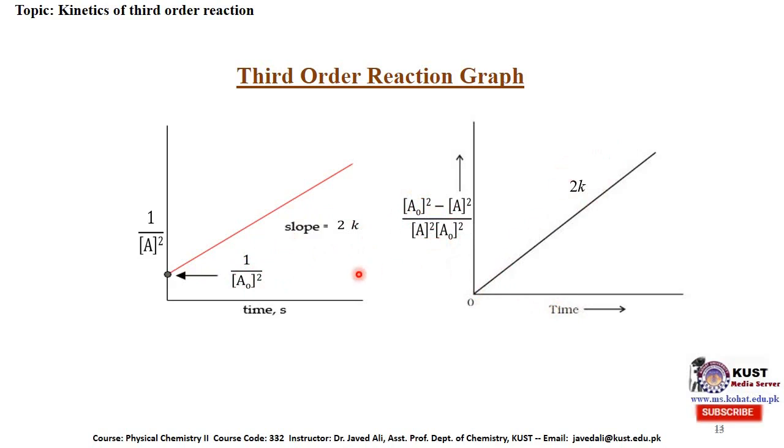So by plotting 1 divided by a square versus t, if we get a straight line with constant slope, it means the reaction is following third order kinetics. Similarly, if we get a straight line for (a naught square minus a square) divided by (a square into a naught square) versus t with no intercept, this means the reaction is following third order kinetics.